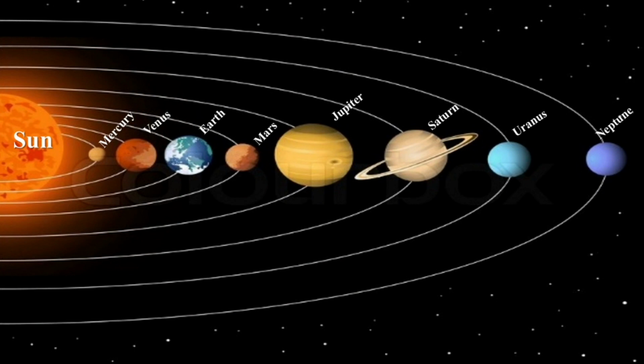We have studied that the sun is the main center, and around the sun there are 8 planets: Mercury, Venus, Earth, Mars, Jupiter, Saturn, Uranus, and Neptune.